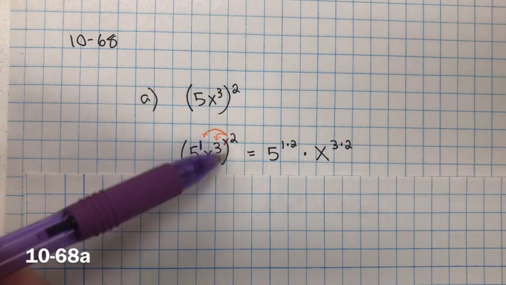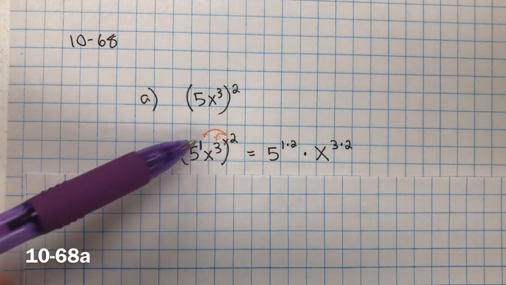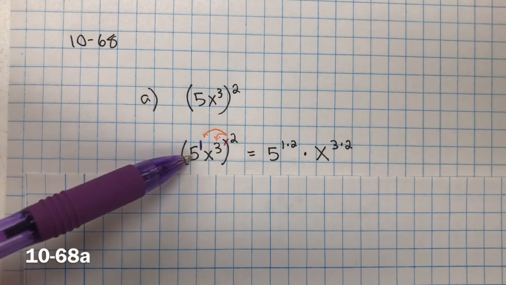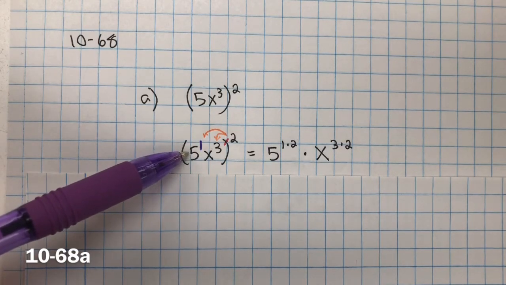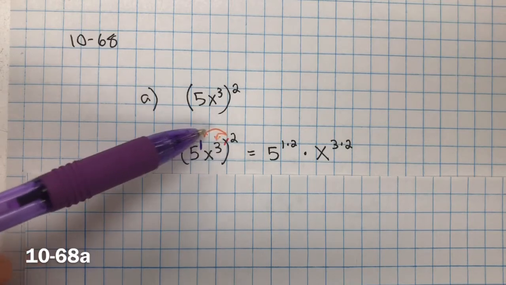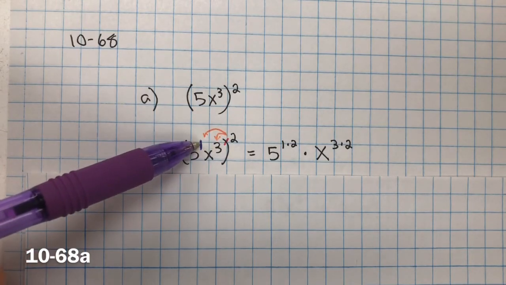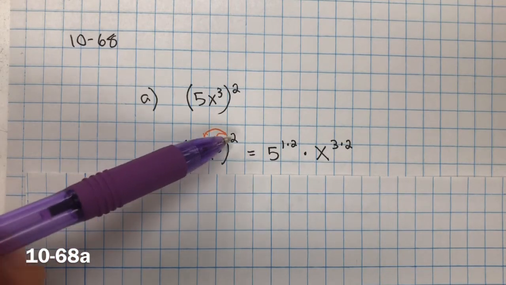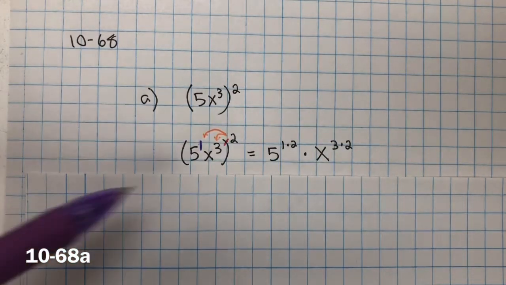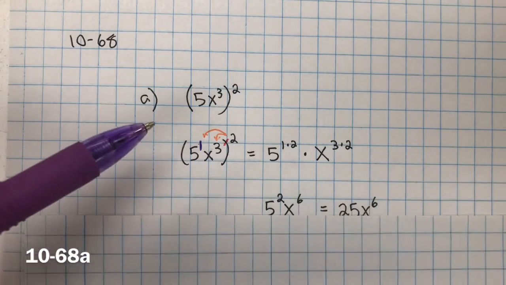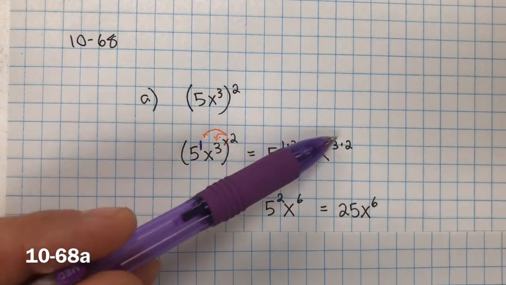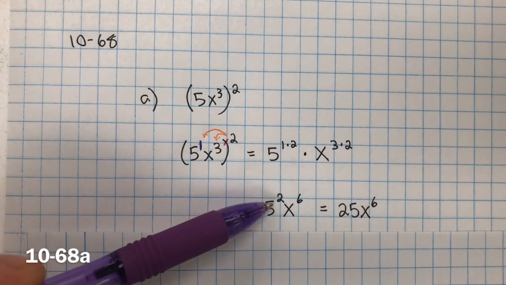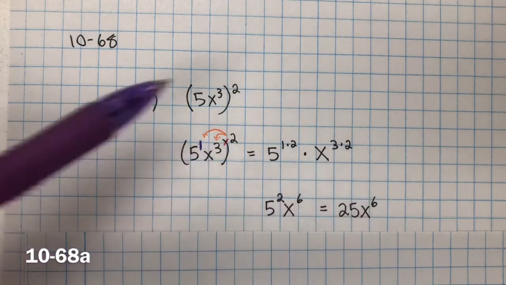When you have a parenthesis, you're multiplying power to a power. And I put a 1 here because anything to the first power is itself. So I'm distributing this 5 to the first power multiplied by 2, 1 multiplied by 2, and 3 times 2. So 1 multiplied by 2 is 2, 3 multiplied by 2 is 6. 5 squared is 25, x to the 6th power.